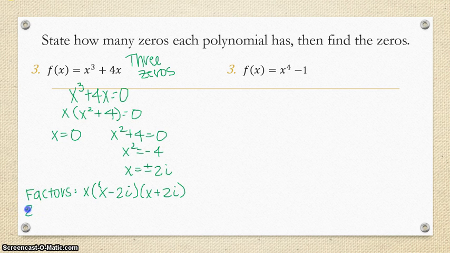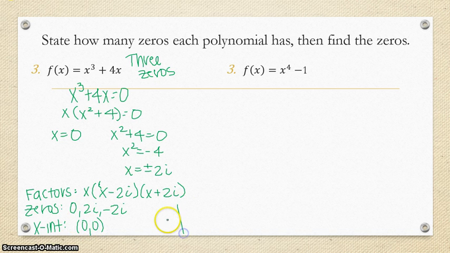Your zeros are going to be 0, 2i, and negative 2i. Notice that there are 3 zeros, there are 3 factors, because it's a polynomial of 3rd degree. Your x-intercepts just can't be more than 3. There's actually only 1 at (0, 0).